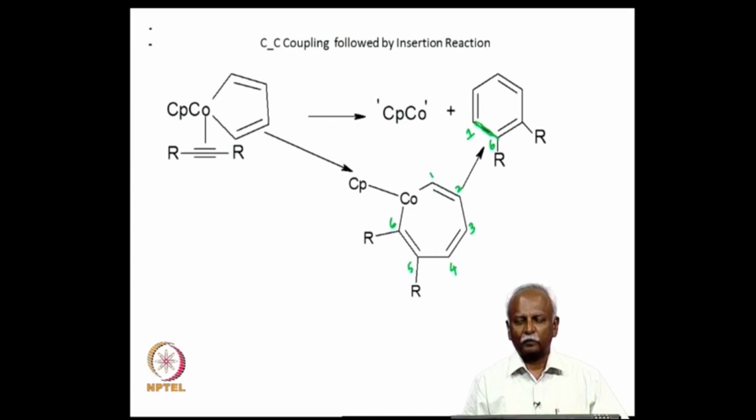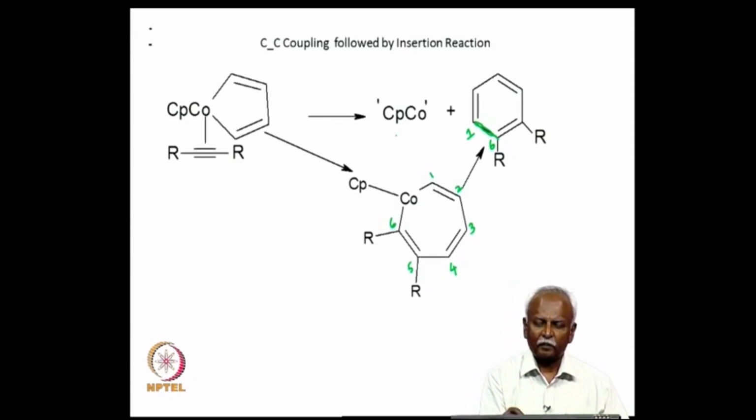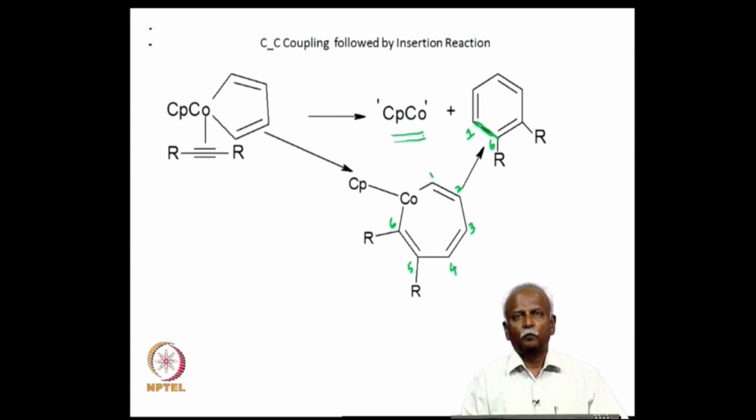And the stability of the aromatic benzene ring results in a very fast reaction to form the 6-membered ring and regeneration of the cobalt 1 species with the cyclopentadienyl group.